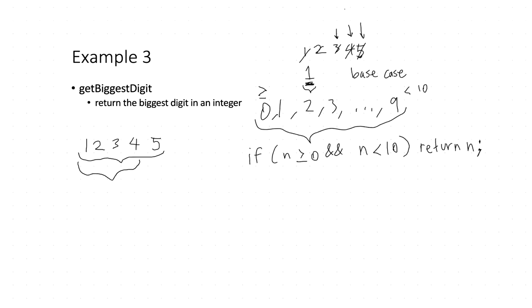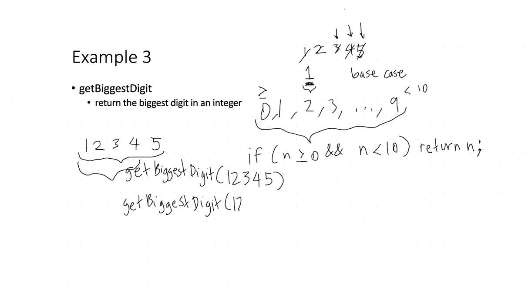So to get the biggest digit of 12345, you could also try to get the biggest digit of 1234 and ask, is this larger than 5? And if it is larger than 5, then the biggest digit in 12345 would just be whatever comes from this. Otherwise, it would be 5.